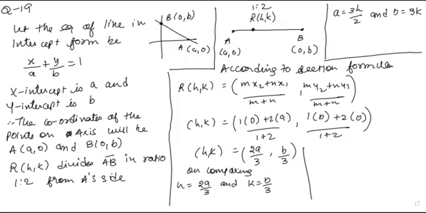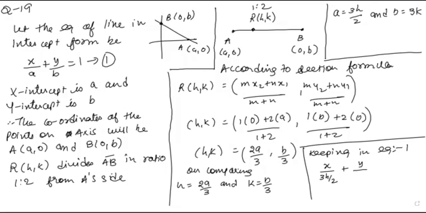So keeping the value of a and b in equation 1, this is my equation 1, I will have x upon 3h by 2 plus y upon 3k is equal to 1. So this will be 2x upon 3h plus y by 3k is equal to 1.